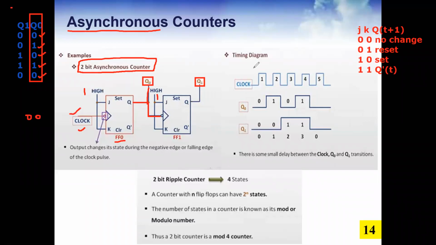Let's try to understand with this timing diagram. We have a clock, and we are giving this clock to FF0. This is the output of FF0, Q0. And try to understand which type of clock is this. Is this a negative or positive clock? Negative clock or positive clock?